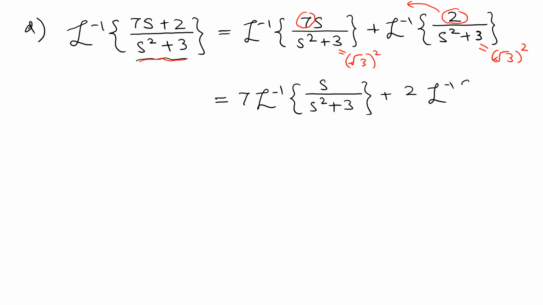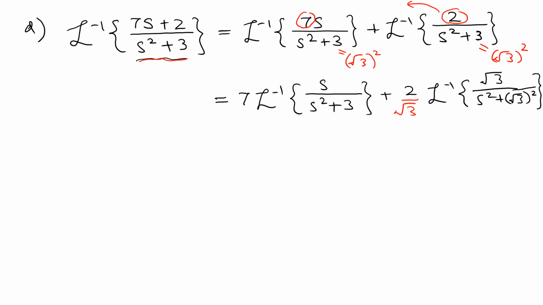So we have s squared plus square root 3 squared, which is 3. So what we need in the numerator is square root 3. So you multiply by square root 3 and at the same time divide by square root 3. We multiply and divide by the same term.